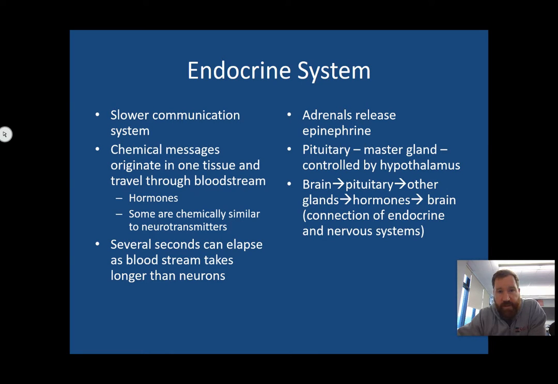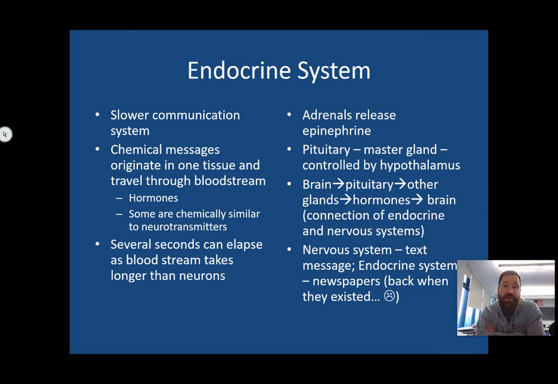Another way to think about this is that not only is it a lot slower, there are also longer lasting effects of the endocrine system. It takes longer for the effects to wear off than in the nervous system. It also is not as targeted.